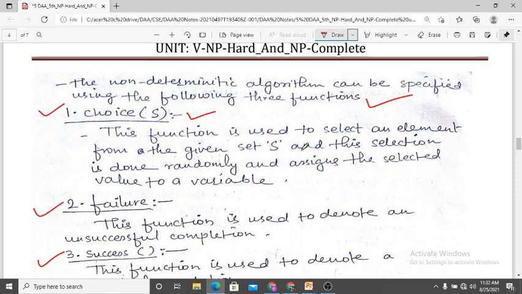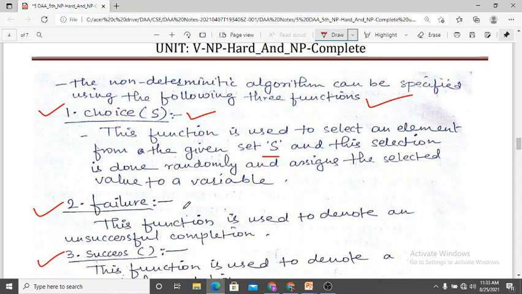This function is used to select an element from the given set S, and this selection is done randomly and the selected value is assigned to a variable. It selects an element from the set S, and randomly assigns the selected value to a variable.